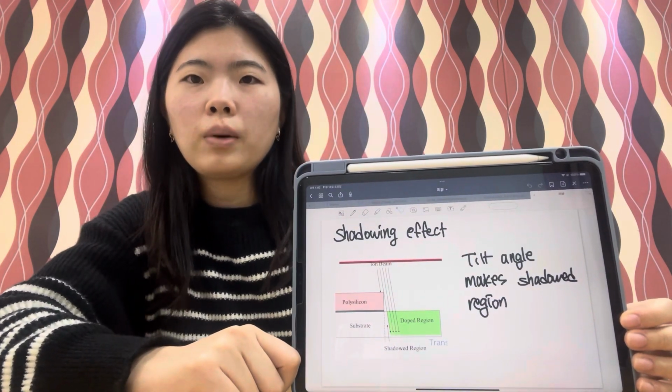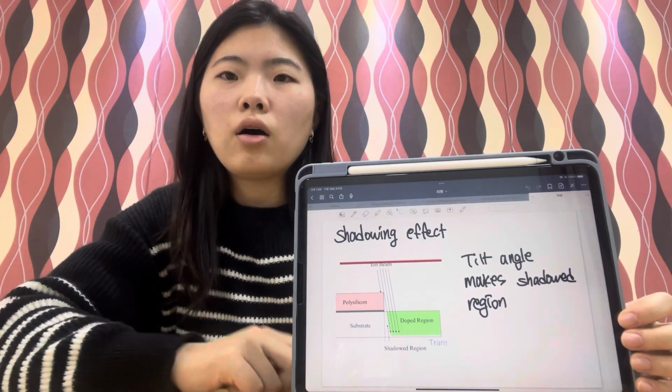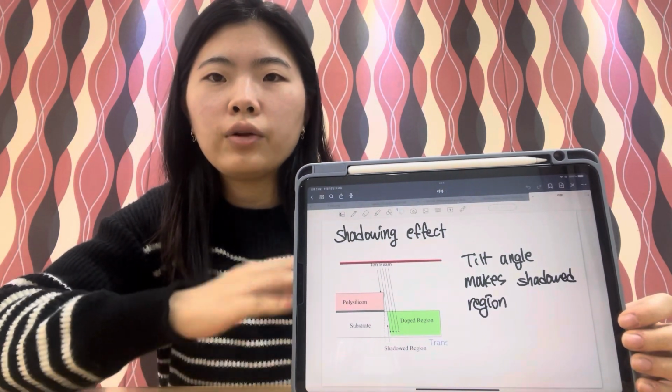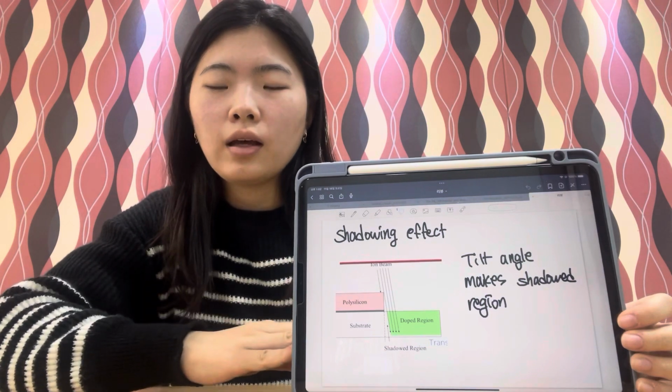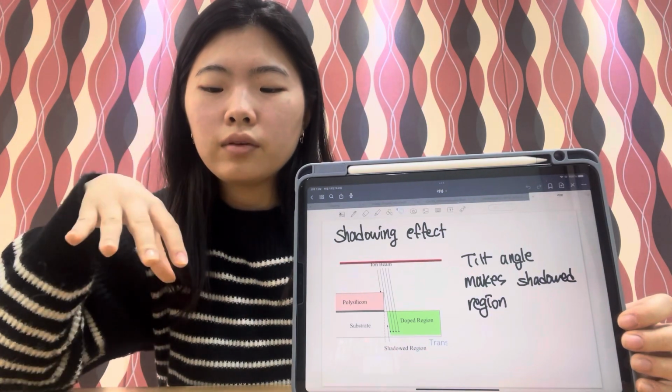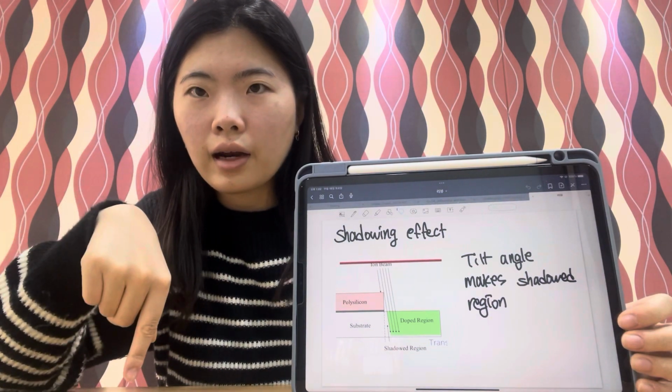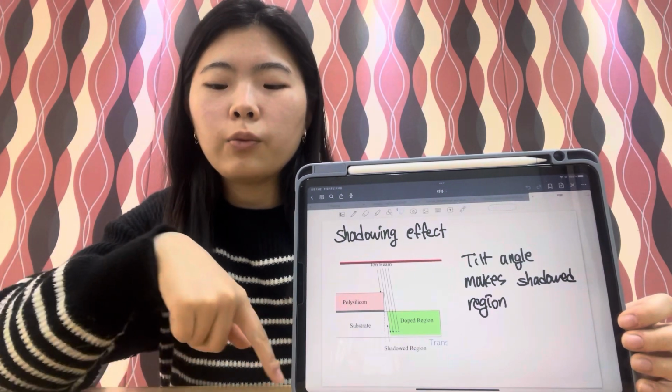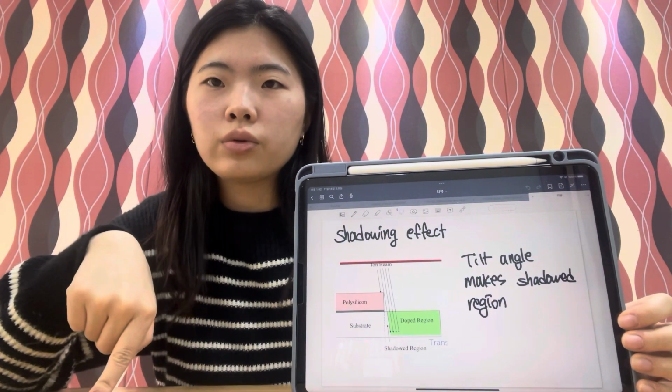Then I will talk about the shadowing effect. Actually, I said ion implantation uses ion beams. The ion beam puts some energy on that exact area, so we can draw the pattern.